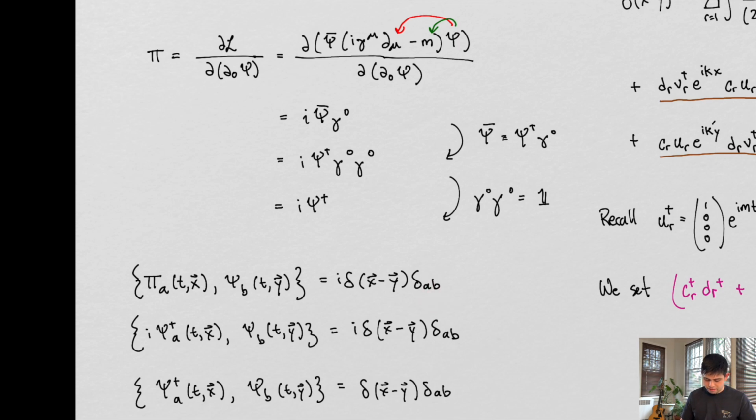And then this AB is just referring to the components, right? Because if we remember, our Dirac solution had an entry here, an entry here, and an entry here. The same thing is going to go for our momentum.